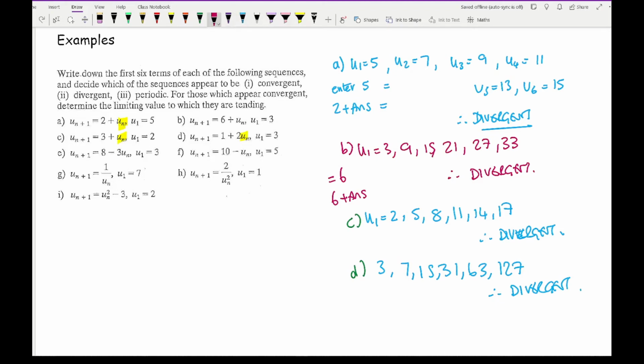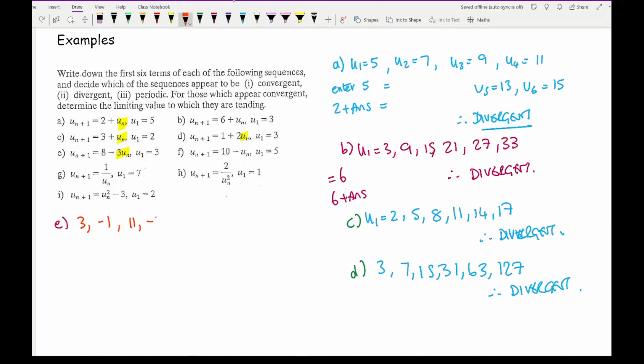In terms of our next one, E, we've got 8 minus 3un. So again, I can pretty much assume that this is going to be diverging. I haven't really got anything special here, but let's have a look at what we do have. Our first value is 3. So here I'm going to do 3 times 3 and then take that away from 8. So the next term is going to be minus 1, then the next term is going to be positive 11.